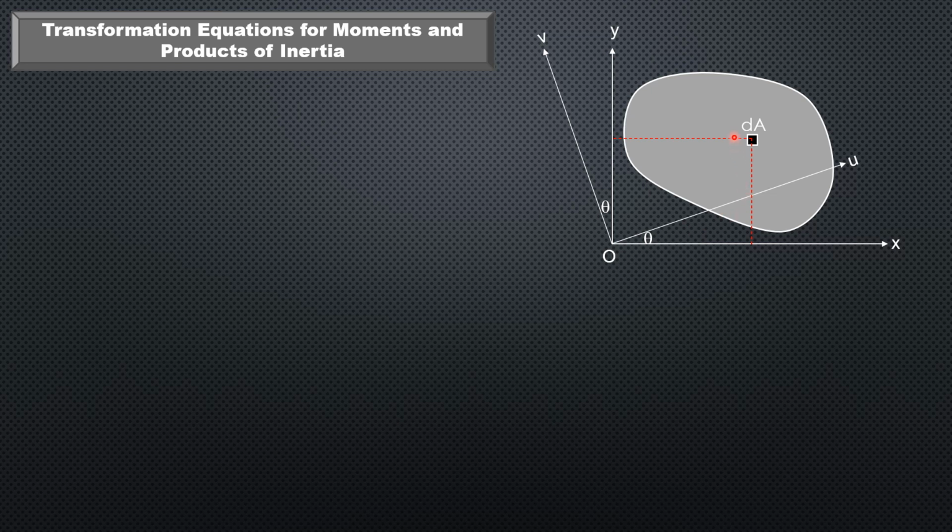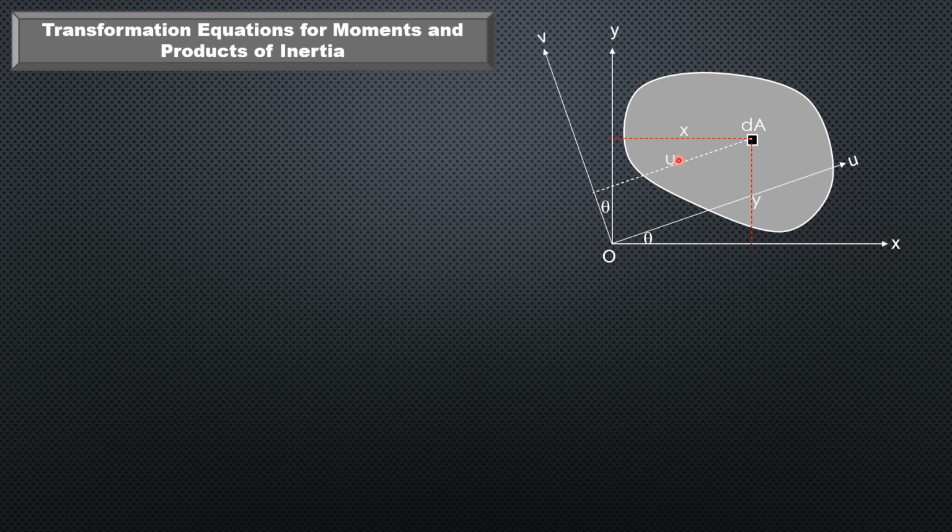So we have here the original distance x, and this is y, with respect to the xy axis. So that's x, that's y, and we draw lines parallel to the u-axis as shown, and this angle is also theta.